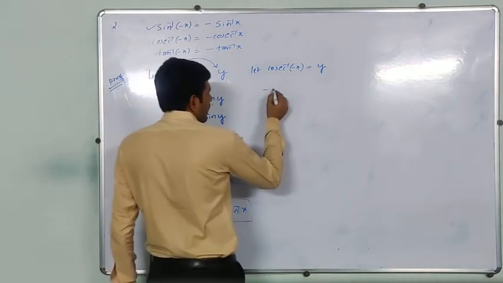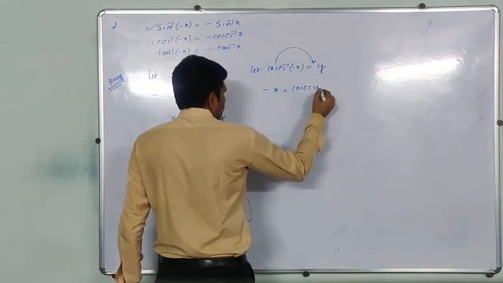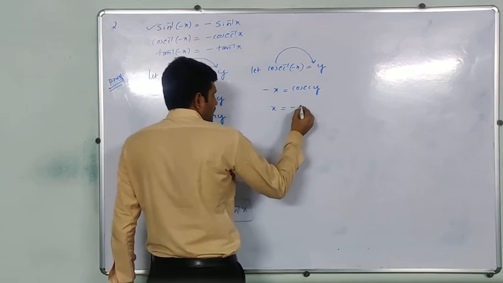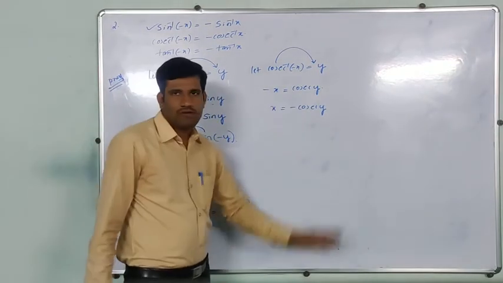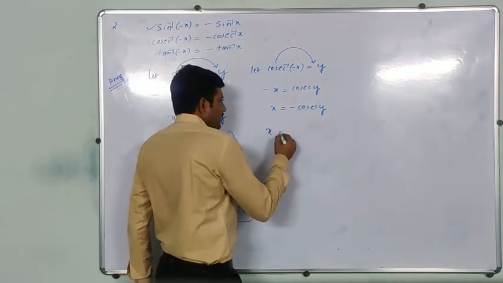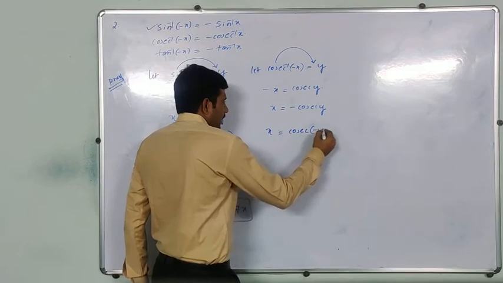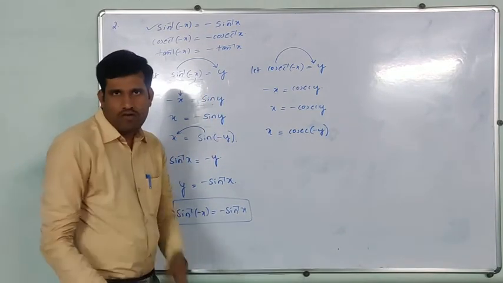So then what is minus x? Minus x is, taking cosec on the right side, cosec y. So then what is x? Multiply by minus, so x is minus cosec y. Again this minus cosec y, I can write as cosec of minus y.